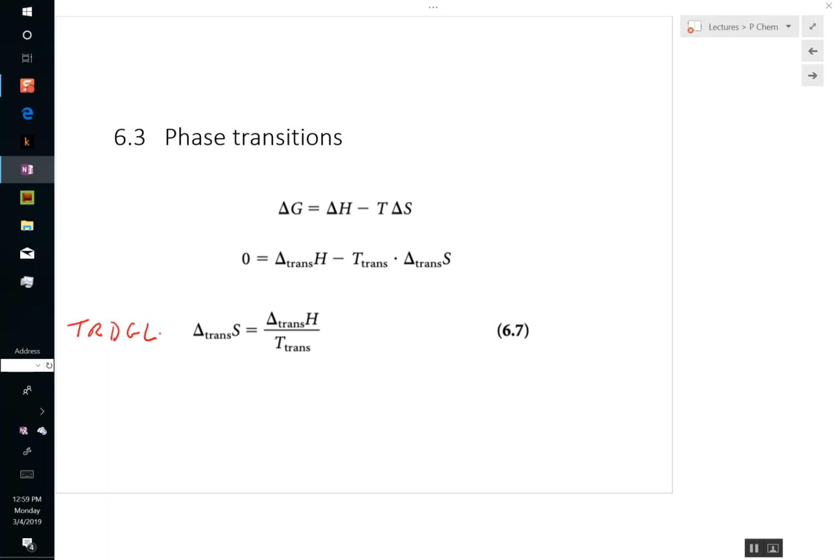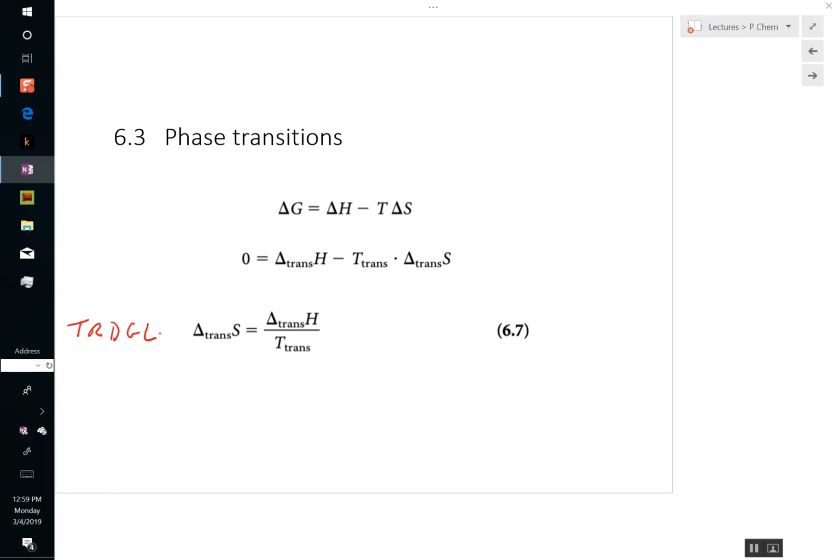So this is a delta G of this transition. The free energy of that transition, it's occurring at equilibrium. This transition is occurring under equilibrium conditions. So the delta G of that transition is 0.